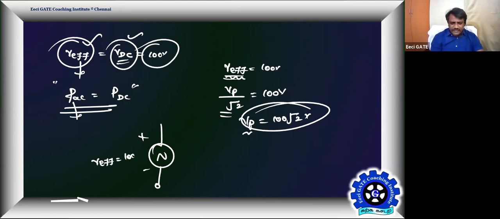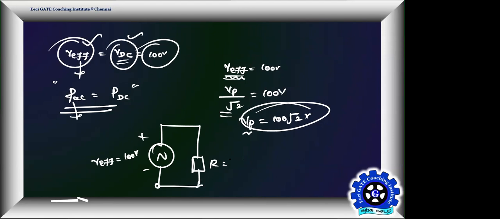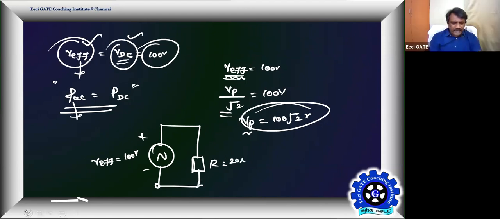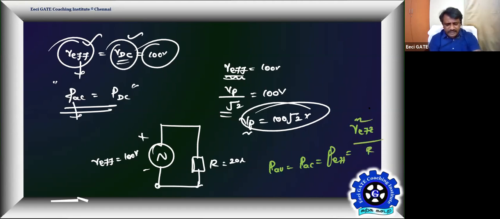If V effective is equal to 100 volt and it is connected to a resistor, then directly we can say its power is... R is equal to 10 ohm, or 20 did we use? 20, sir. Okay, R is equal to 20, which means I can directly say the power delivered by the AC source, P average or P effective, is equal to V effective square divided by R. You can treat it directly like a DC.